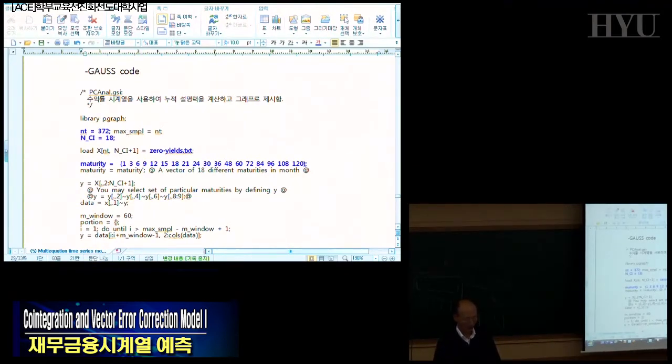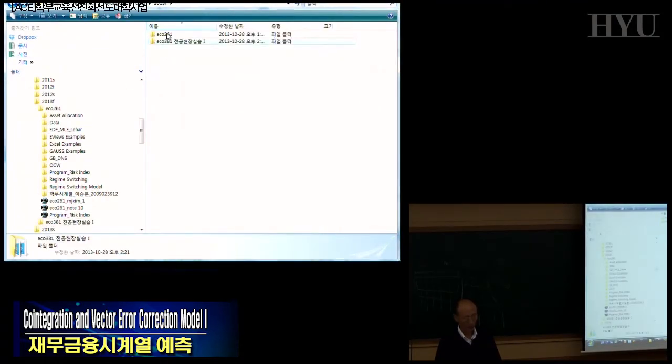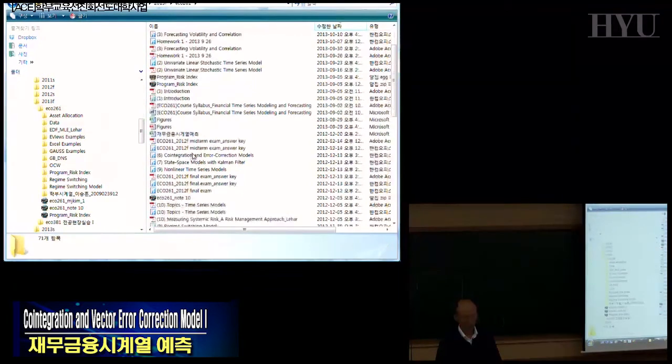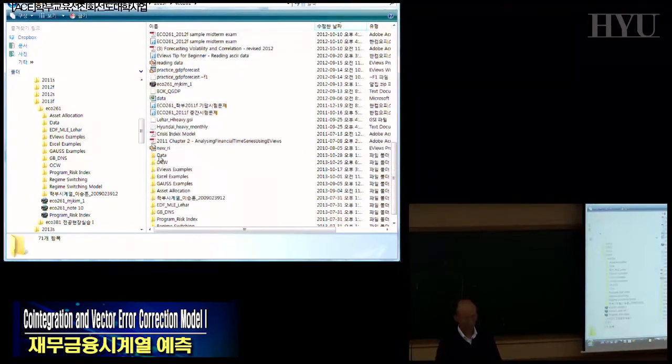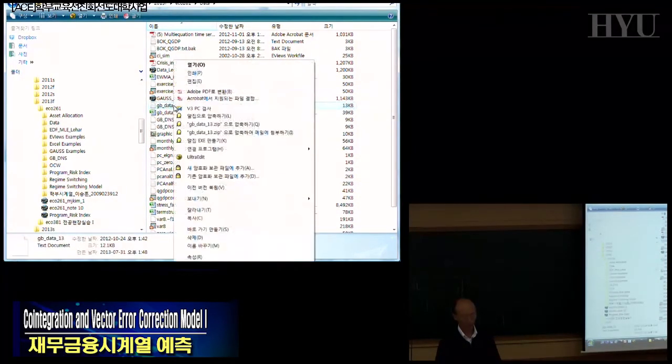But if you're a beginner, the GB13 text is right here. Let me show you quickly.